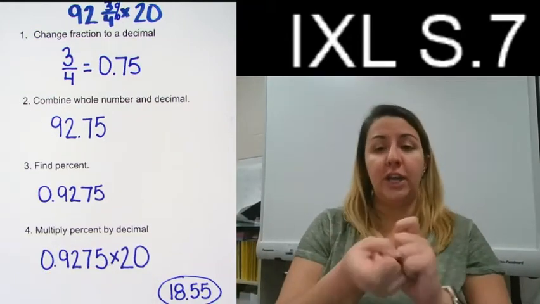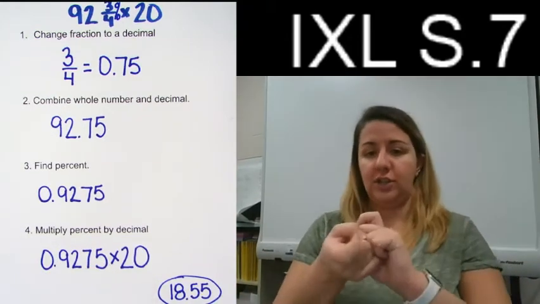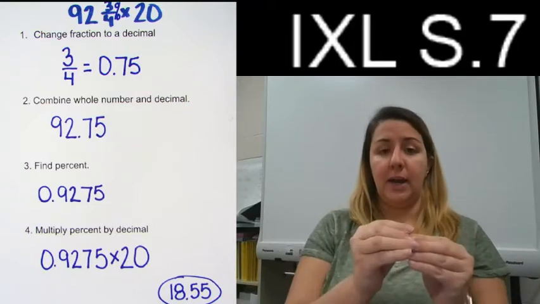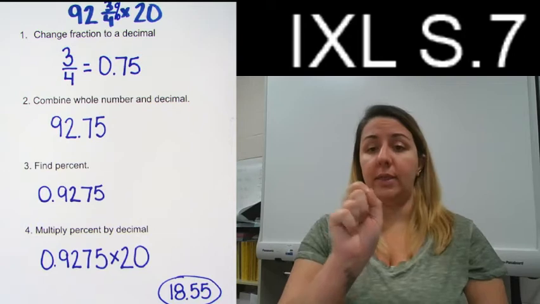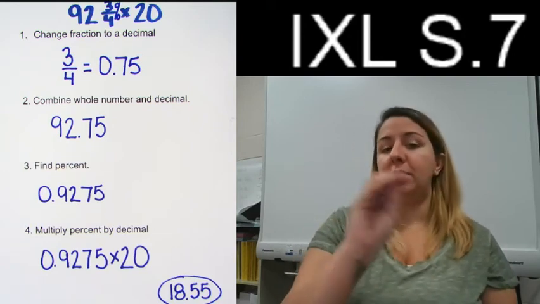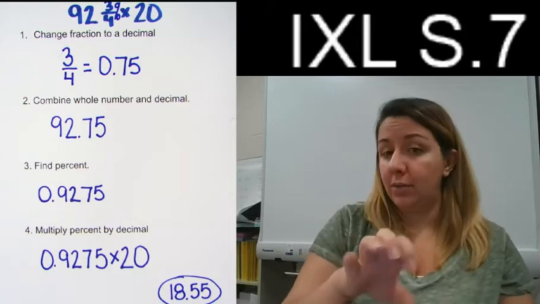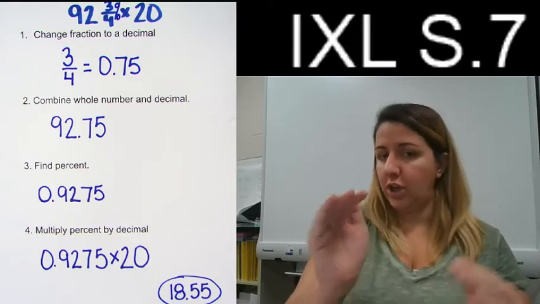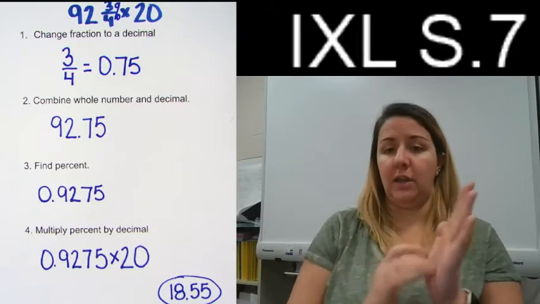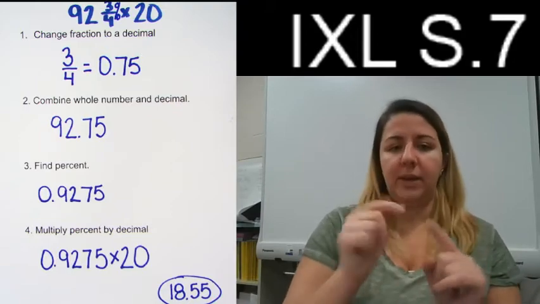First, you change the fraction into a decimal. Then, combine the whole number and the decimal. Third, find out what the percent is. You can do step 3 or you can just skip to step 4. Okay? I will show you on a calculator how it looks a little bit different.